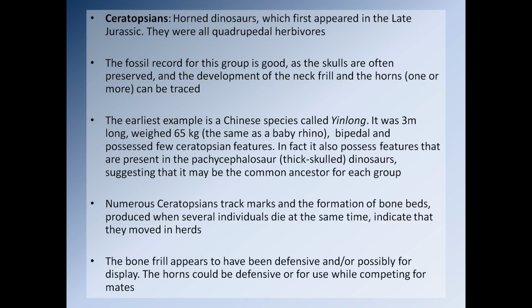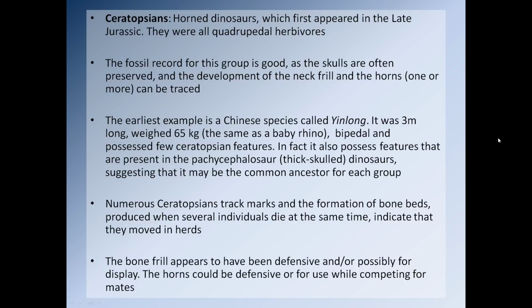So the earliest example of the Ceratopsian group is a Chinese species called Yinglong, and it was about 3 meters long and weighed about 65 kilograms, about the same weight as a baby rhinoceros. It was bipedal, so it was not a quadruped, and it possessed few ceratopsian features.